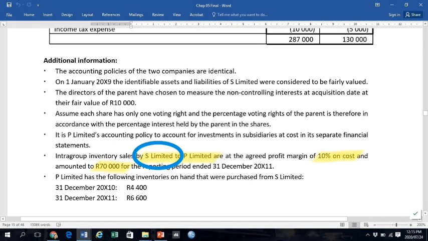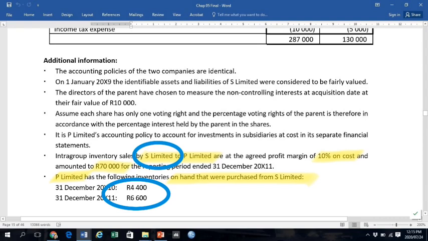this intragroup transaction is. P Limited, as the buying entity, had the following inventories on hand that were purchased from S Limited. From this given information, we then gather that there will be unrealized profits that we have to deal with.